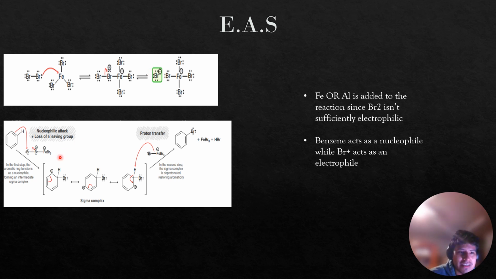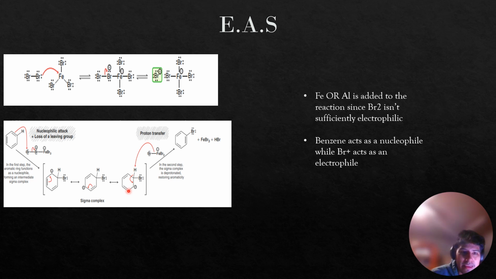The difference in the reaction here is that the benzene ring attacks the positively charged bromine, and then it creates this intermediate sigma complex, which we can see is resonance stabilized.